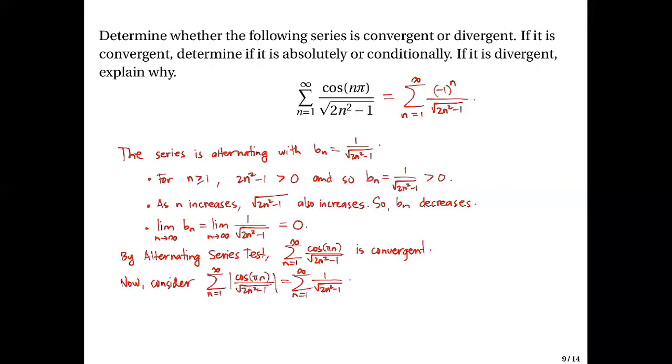So what we're going to do is use LCT, the limit comparison test, and compare it with the harmonic series, 1 over n from 1 to plus infinity, which is the divergent harmonic series.